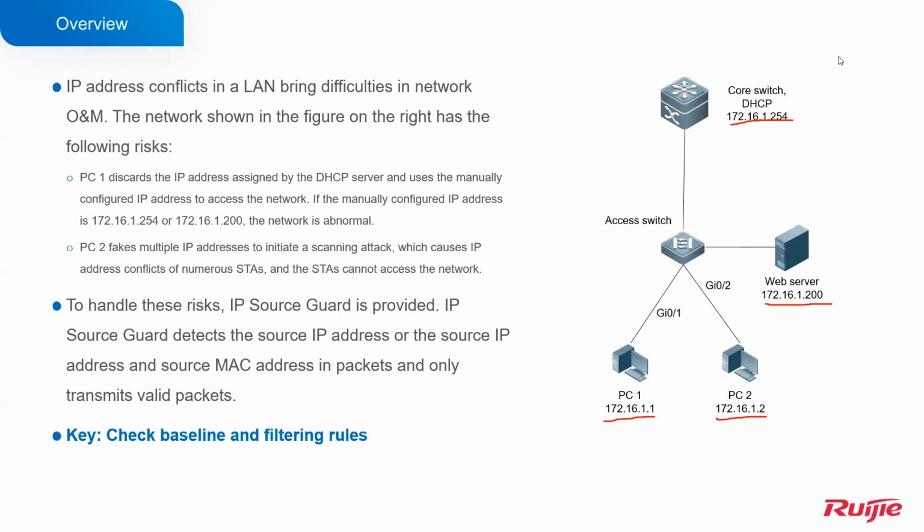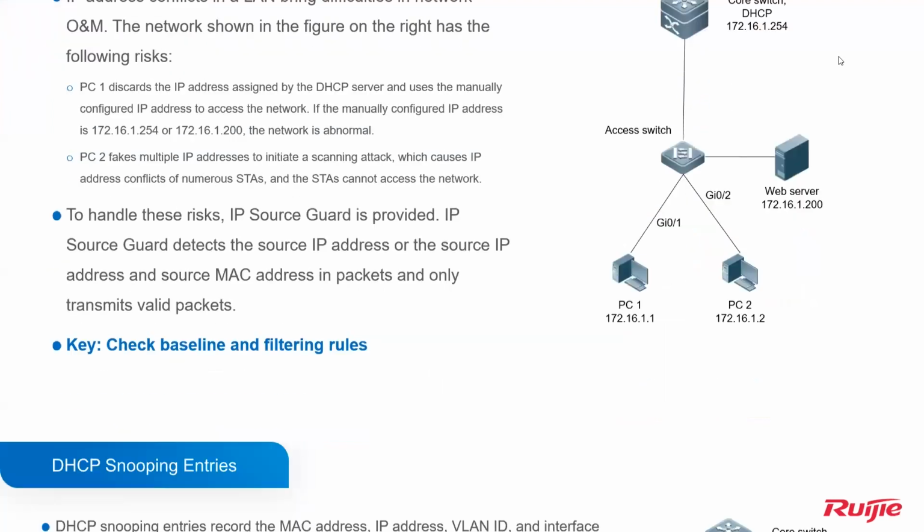So to use IP source guard, we can handle these risks. But the key points when we use it are the check baseline and the filtering rules. So what is the baseline? What are the filtering rules? Let's see it.